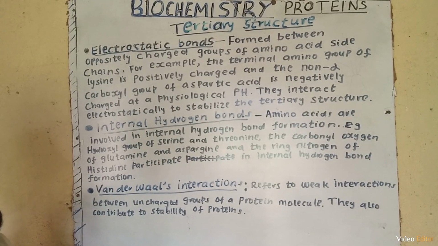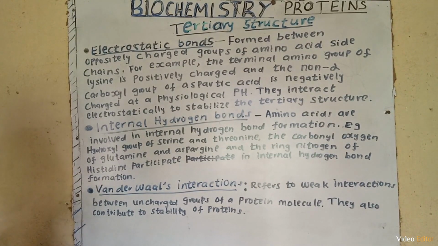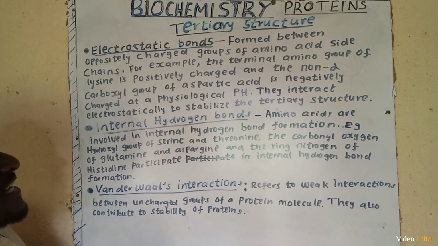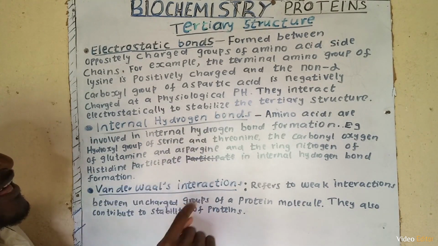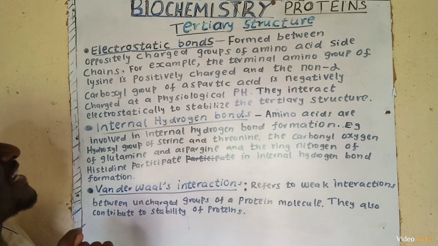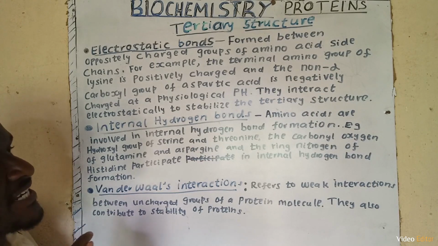These are bonds formed between oppositely charged groups of amino acid side chains. For example, the terminal amino groups of lysine is positively charged, and the non-alpha carboxyl group of aspartic acid is negatively charged at a physiological pH. They interact electrostatically to stabilize the tertiary structure.